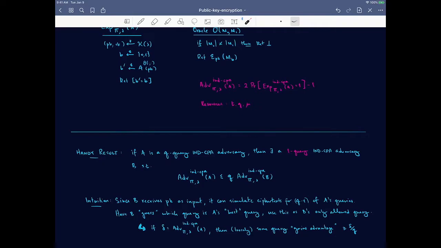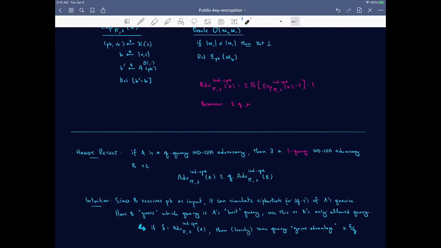Why? Because if each of those queries built up an incremental advantage of less than delta over Q, then the sum over all of the Q queries, delta over Q plus delta over Q and so on, would not be delta.